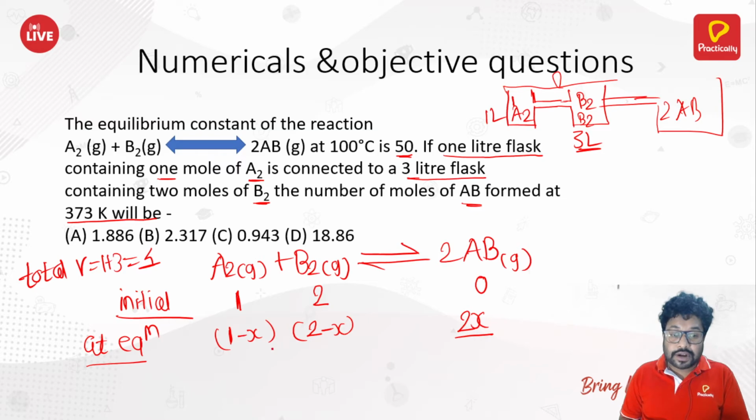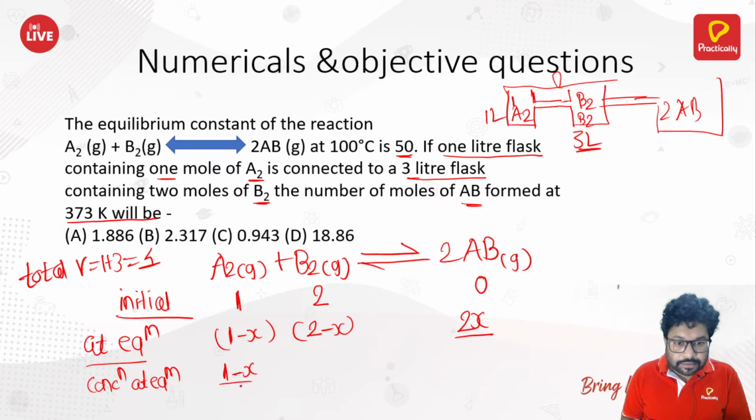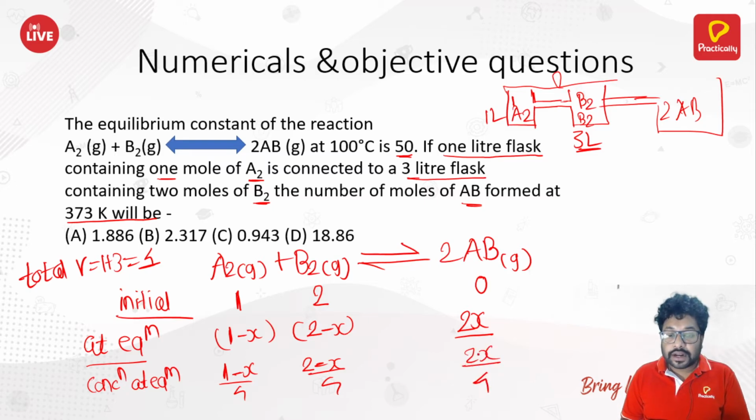So the concentrations at equilibrium are 1 minus x divided by 4, 2 minus x divided by 4, and 2x divided by 4, which is x by 2.